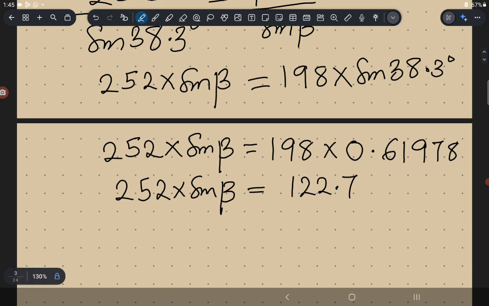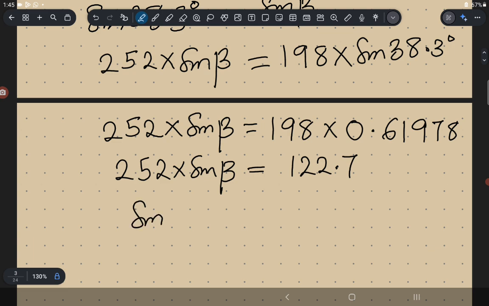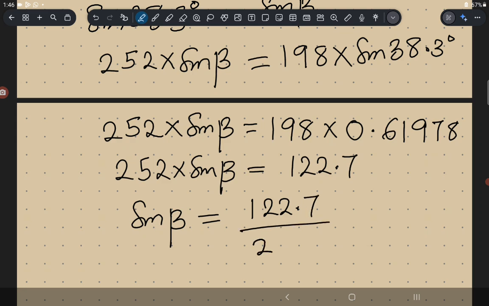122.7. Now, let's make sine B the subject of the formula to have 122.7 to divide 252. By the time we divide this, we have 0.48697.